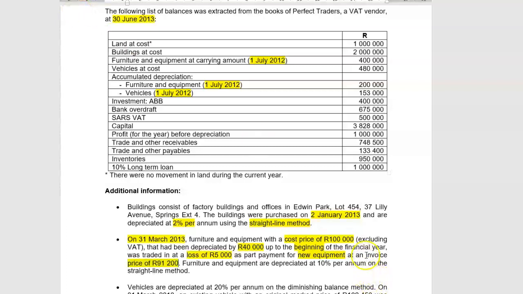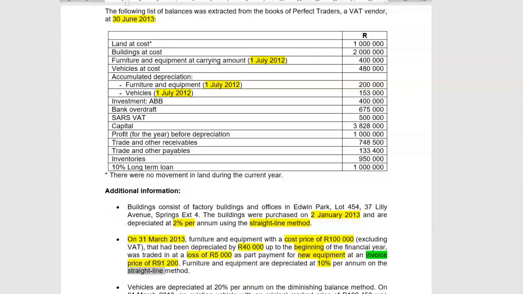Now the word invoice price should indicate to you that the 91,200 includes VAT. Furniture and equipment is depreciated at 10% per annum on the straight line method.